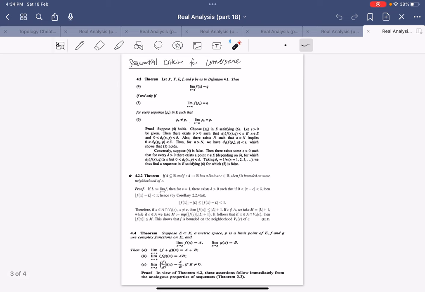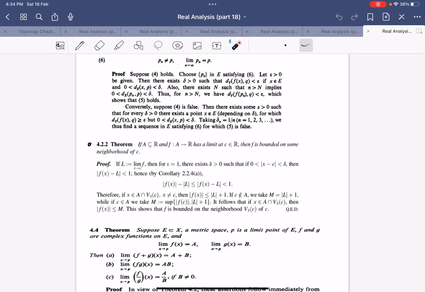This sequential criterion for convergence can be applied to continuity, and we'll see that in a subsequent video later on. So let's define more notions first. Let's say that f has a limit at c, then f is bounded for some neighborhood of c.